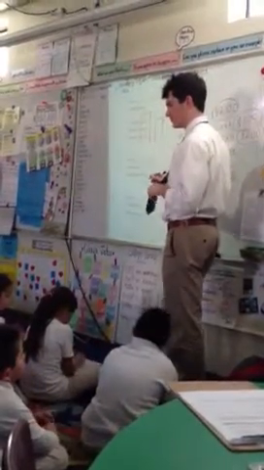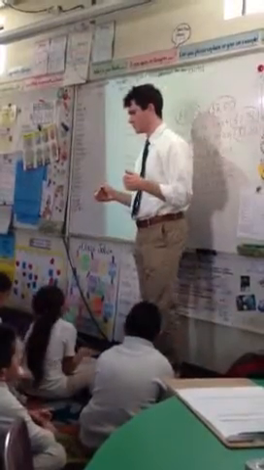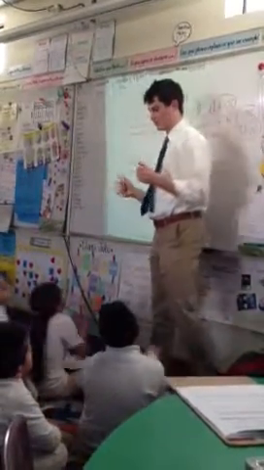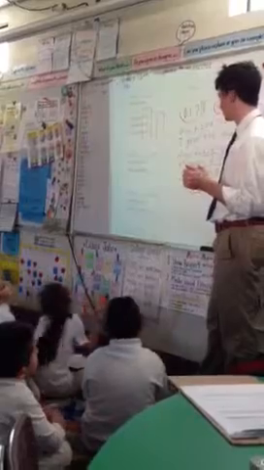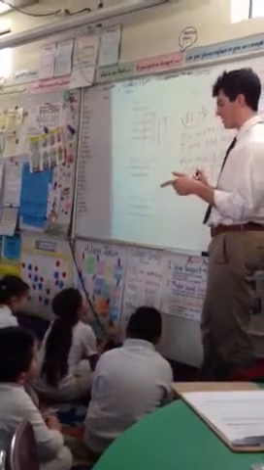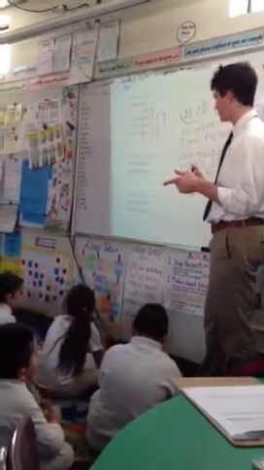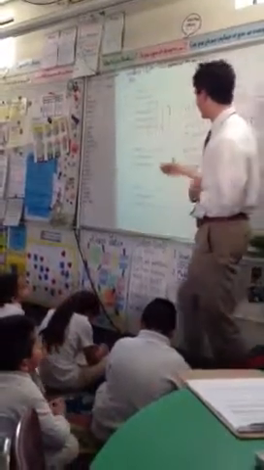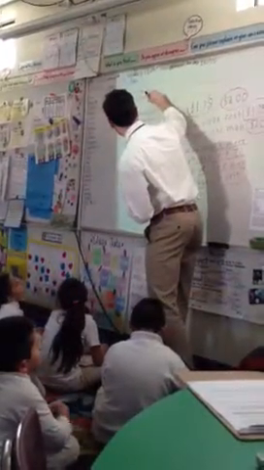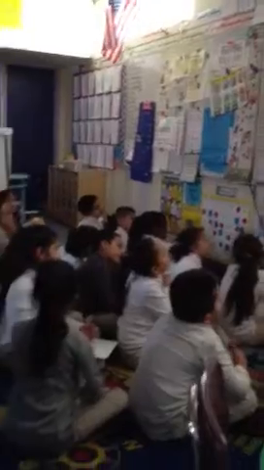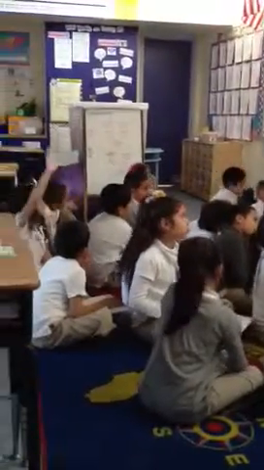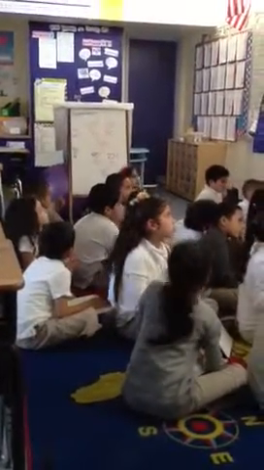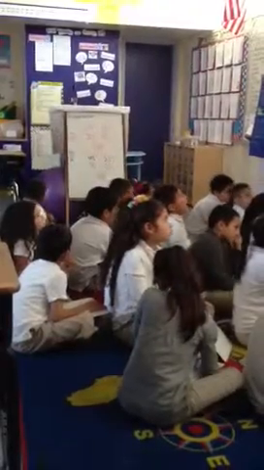$1.75. Okay, do we agree or disagree? I mean, $2. Why $2? Because it's more than $1.75. Good. So $2 we'll put on our bigger bar. And on our smaller bar, like you said, we're going to put $1.75.